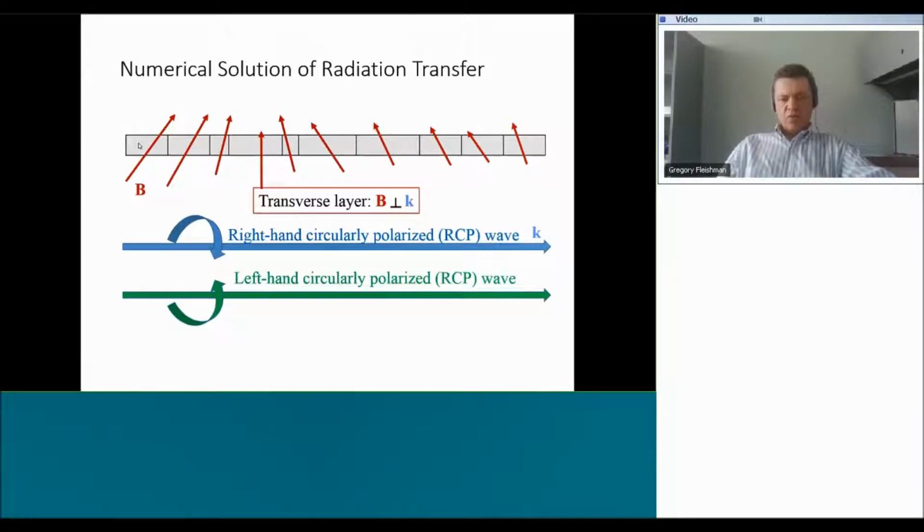What we are going to do is approximate our real volume along our line of sight as a sequence of much smaller volumes, each of which can be treated as uniform, but each of which is different from its neighbor. This is a standard approach for numerical, quantitative consideration of radiation transfer in the general case of non-uniform media, which is the most general case.